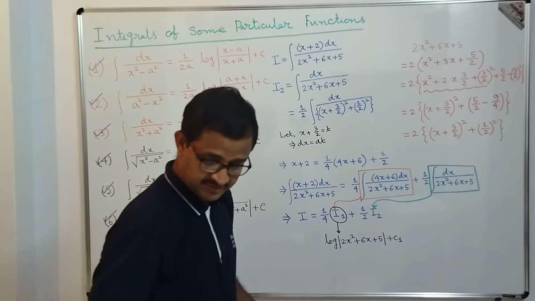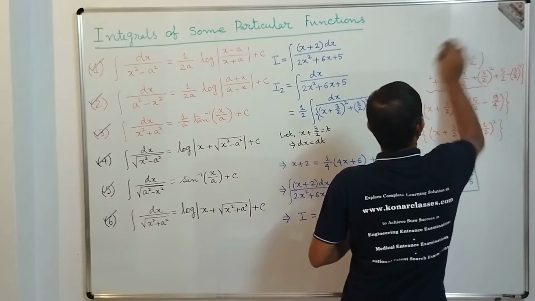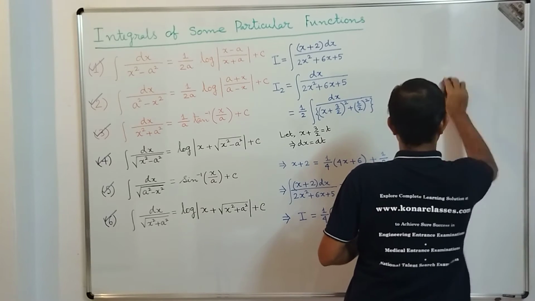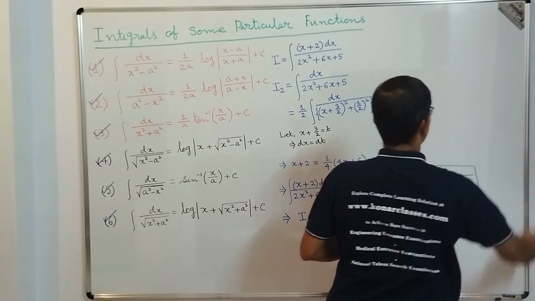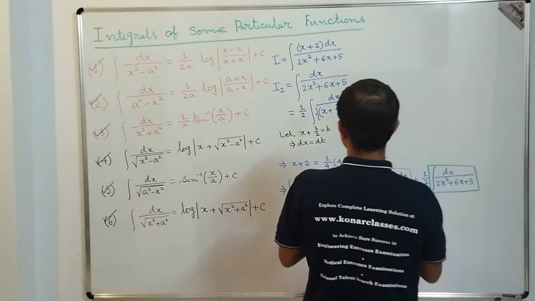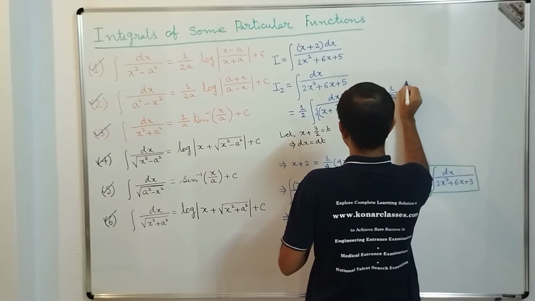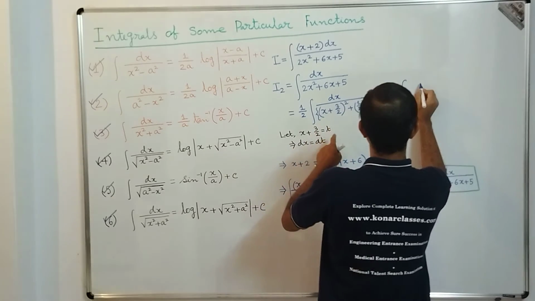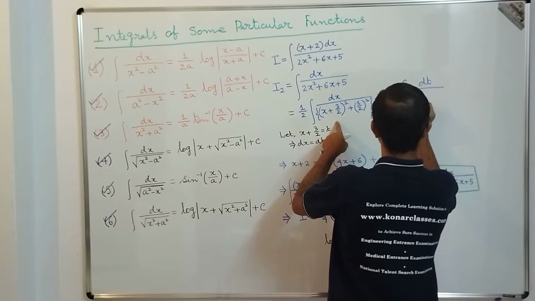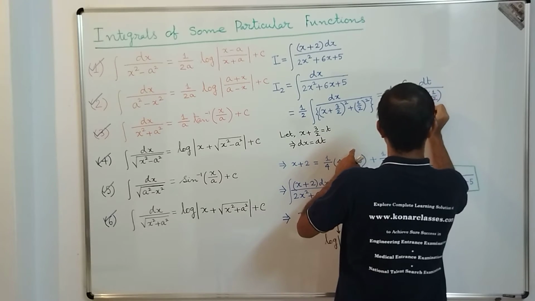Then this integration, so now this integration becomes what? So this is equal to now 1 by 2 integration dx means dt, so dt divided by t square plus 1 by 2 whole square.